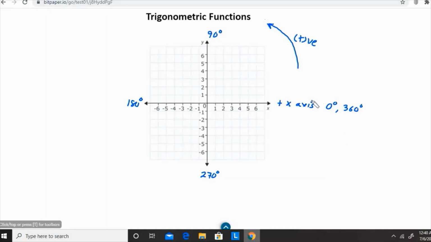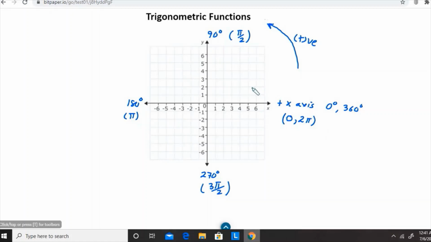Okay, now you can express the same thing in terms of radians. 0 radians. Over here it's pi over 2 radians. Over here it's pi radians. Over here it's 3 pi over 2 radians, and then coming back to the original position, you have completed one whole circle, so that is 2 pi.